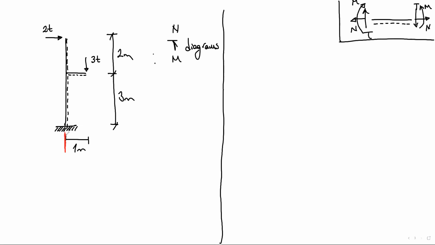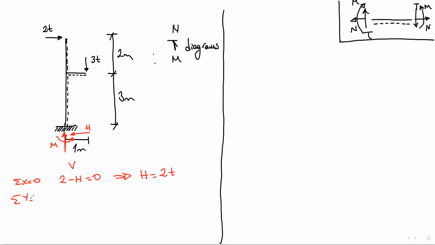We will have a vertical, a horizontal, and a moment like this. Let's calculate these loads first. Total horizontal, total x equals 0. Horizontal force 2 minus h equals 0. So here h equals 2 pounds.